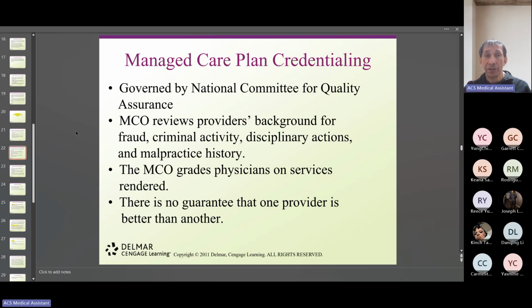So there is an organization that is monitoring what the hospital is doing in regards to, once again, quality of care.